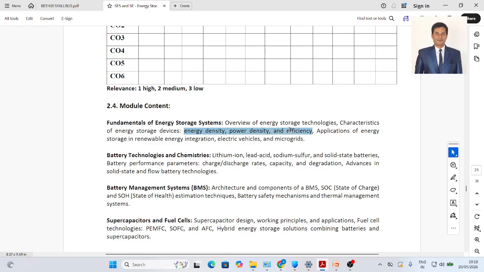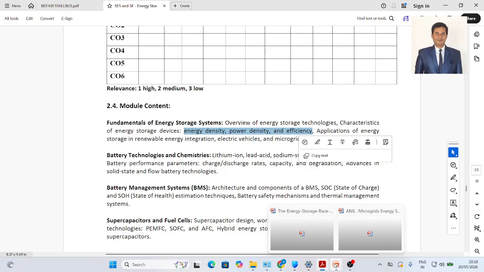Now we'll talk about efficiency, how efficiency matters a lot in energy storage, especially in the grids. We were just talking about the hybrid, combining your solar and the wind grids, where we are going to make the storage and from the storage back to the loads, right?